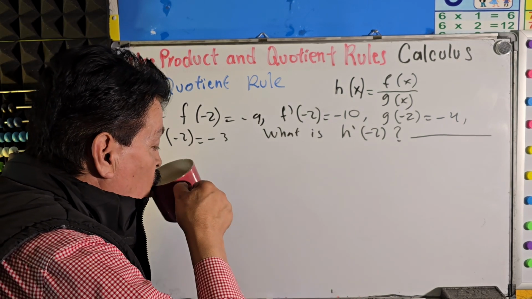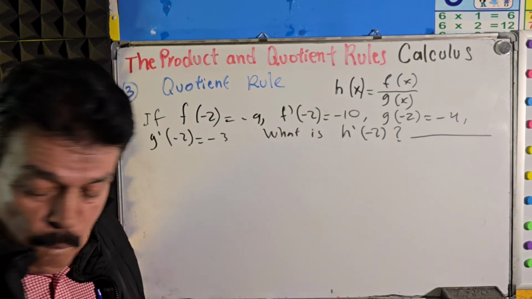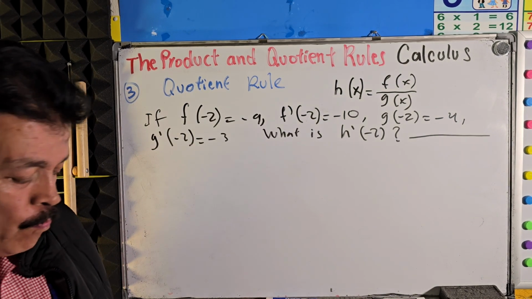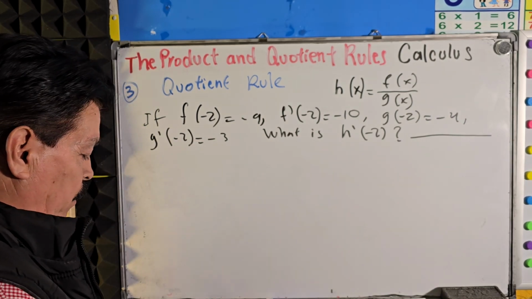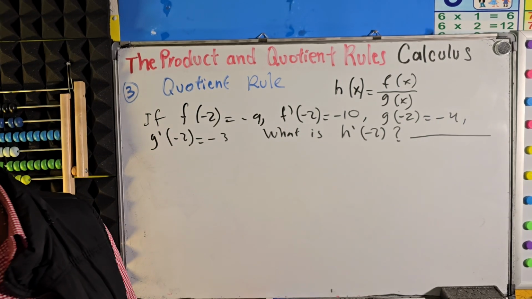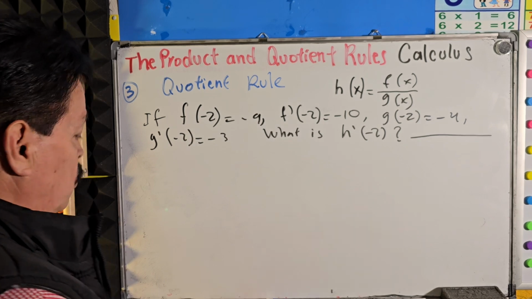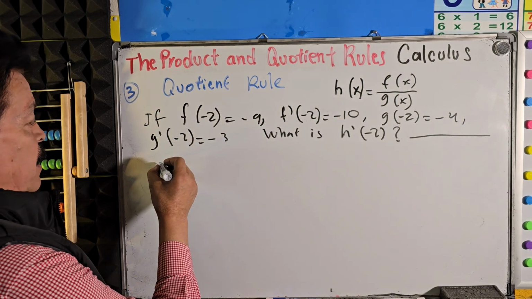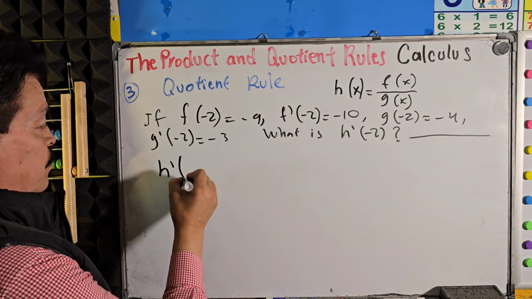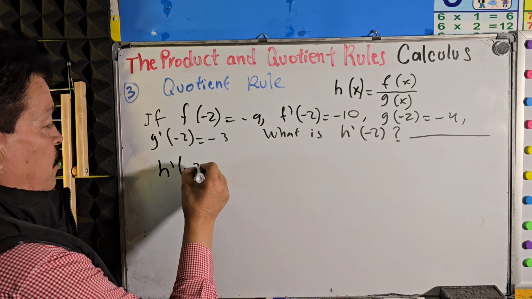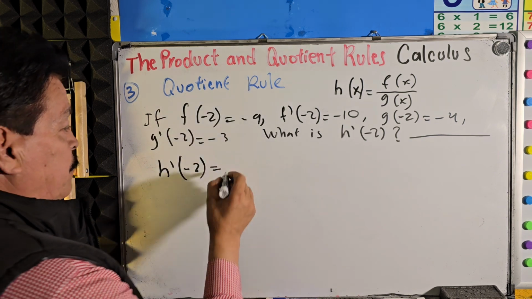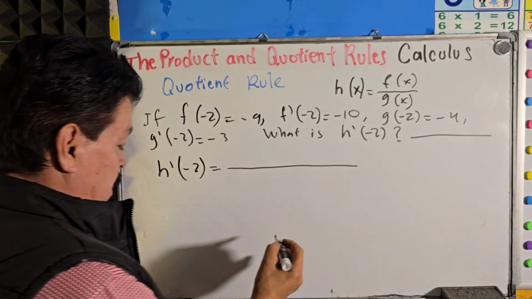So the first step, just substitute the formula. Very easy. Just write h prime of -2 equals all the formula right here. Let's write it.